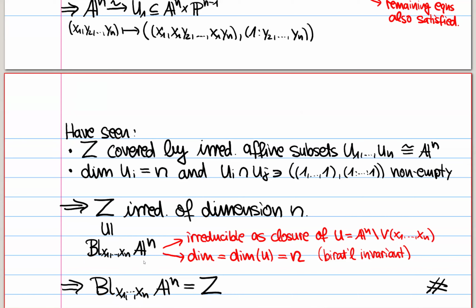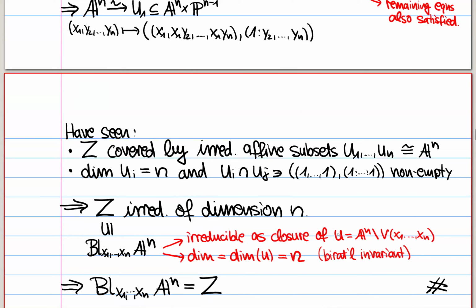And then what we have seen is that the blow-up of an irreducible variety is always irreducible because it is the closure of this irreducible set here. On the other hand, we know that for an irreducible variety, we can compute its dimension as the dimension of any non-empty open subvariety. And we can take this non-empty open subvariety.